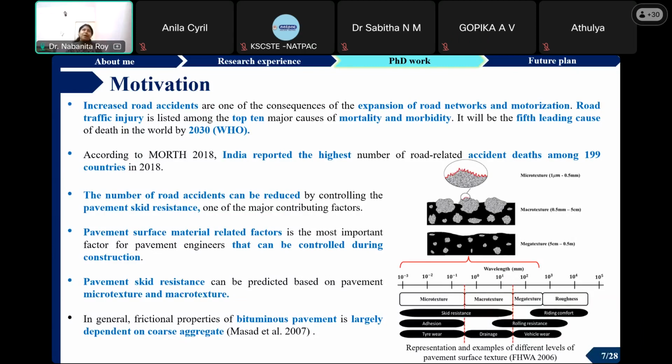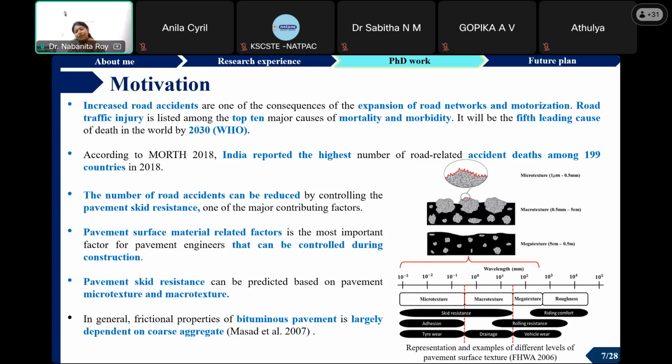Now, this pavement skid resistance has basically two components, and based on those two components we can predict the skid resistance. They are pavement microtexture and pavement macrotexture. From previous literature and publications, it is already established that there is a very good connection between coarse aggregate properties and pavement friction properties, I mean skid resistance properties.